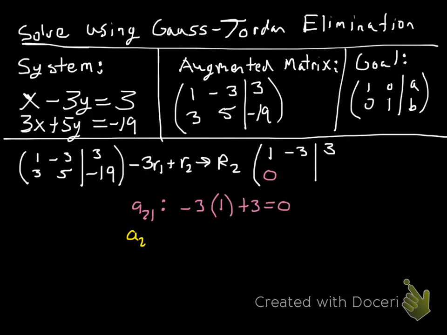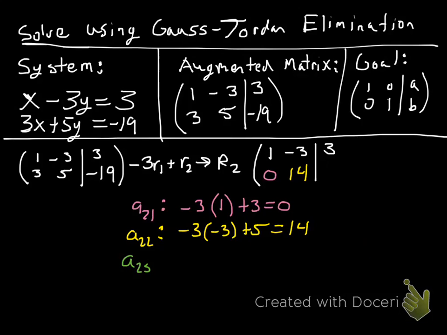Then we'll do the same thing for the entry A2, so row 2, column 2. So -3 times the -3 up here, and then we'll add it to the existing 5. That'll give me 14.